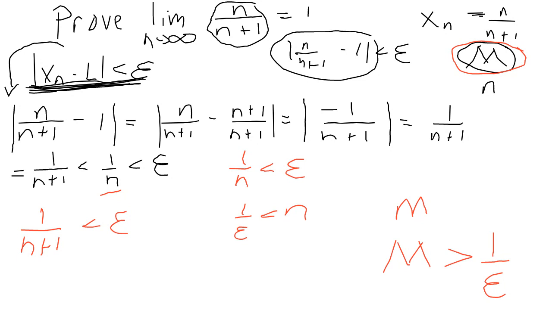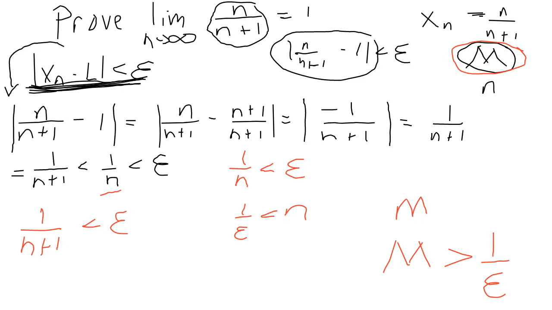No, the computation was actually knowing that 1 over n plus 1 is less than 1 over n. Normally, when you have a fraction, you try to get it to 1 over n if you can, instead of 1 over n plus or minus whatever is there. The idea is that 1 over n plus 1 is very close to 1 over n. Correct. So we're just concluding that it's less than epsilon.